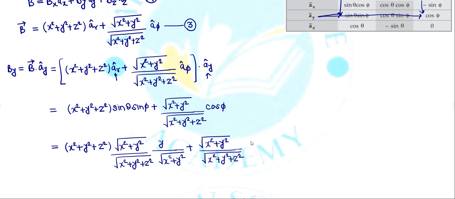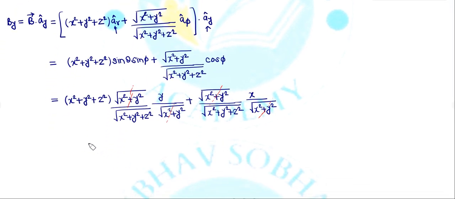We have that to be x upon square root of x square plus y square. Now this square root of x square plus y square and this square root of x square plus y square will get cancelled out. It will also get cancelled out. So what is left?